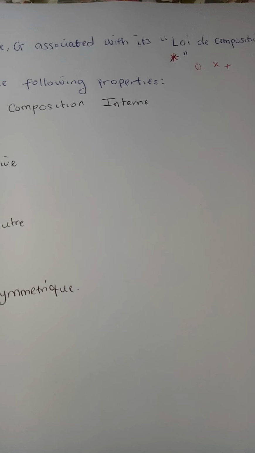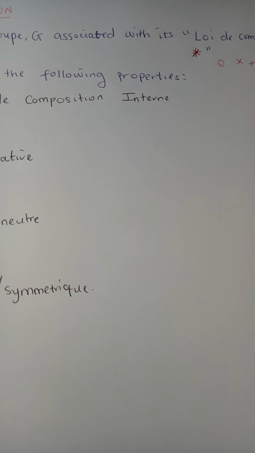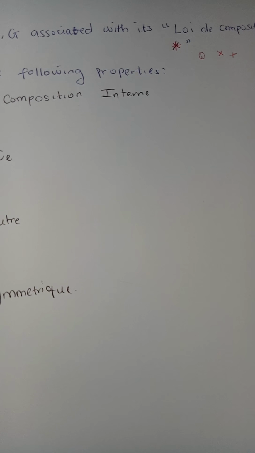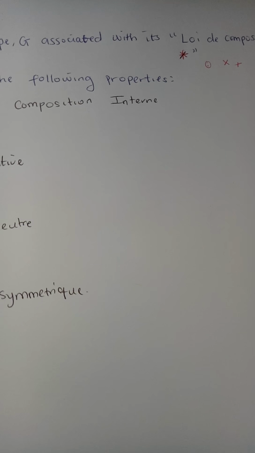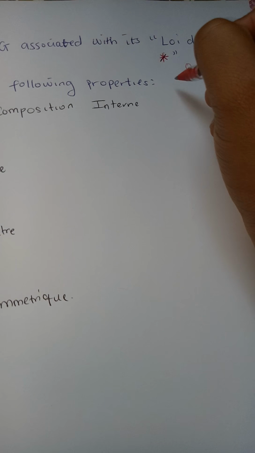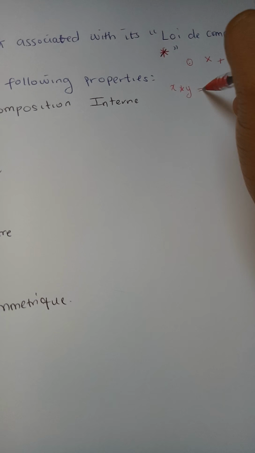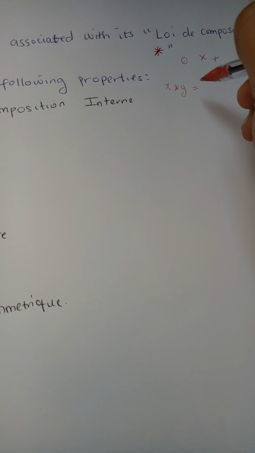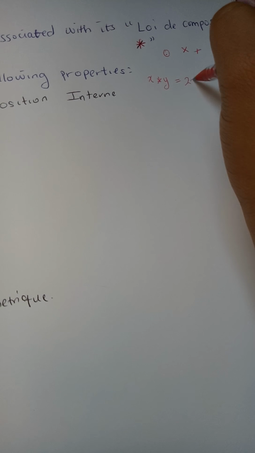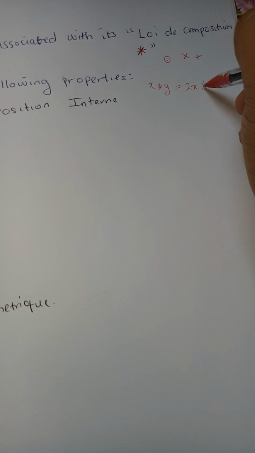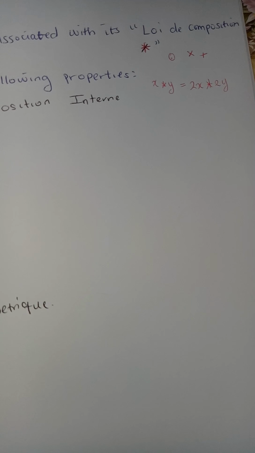It might just be because the loi will be defined with something. That's the important thing. Let's say I have a loi like this, étoile, and they say x étoile y, such that the loi is defined as 2x étoile 2y, for example.